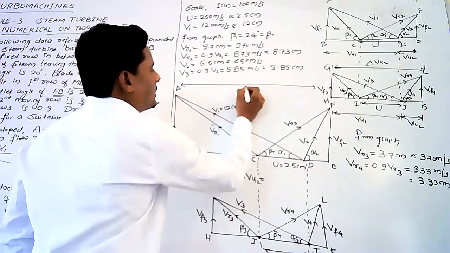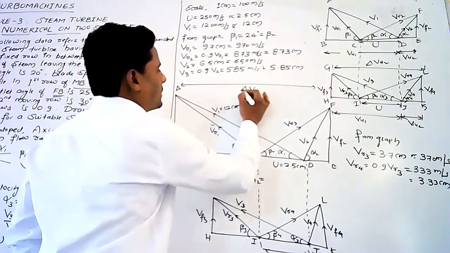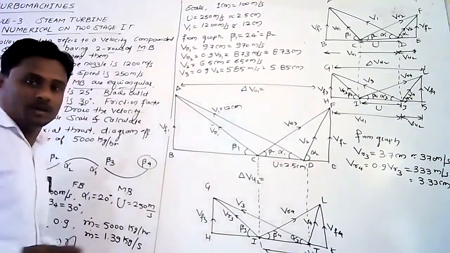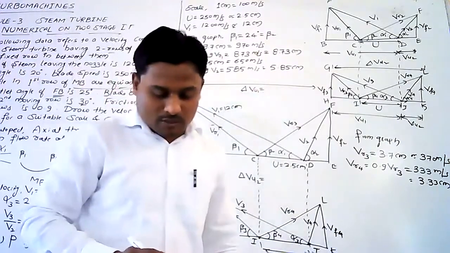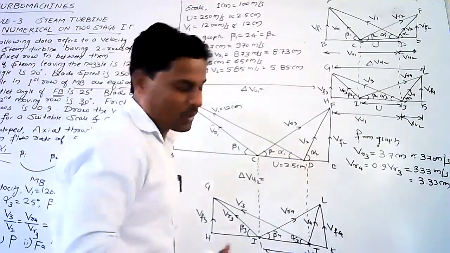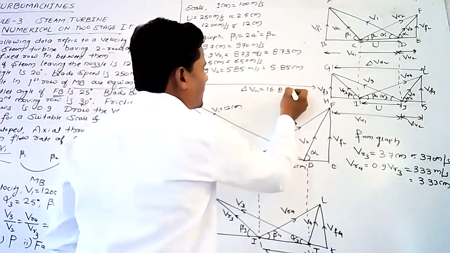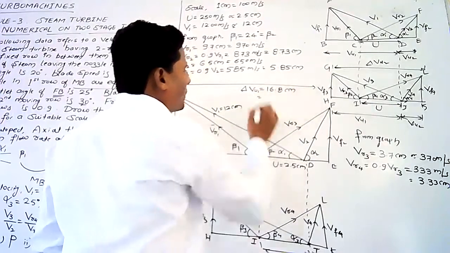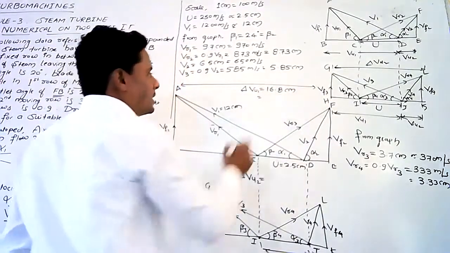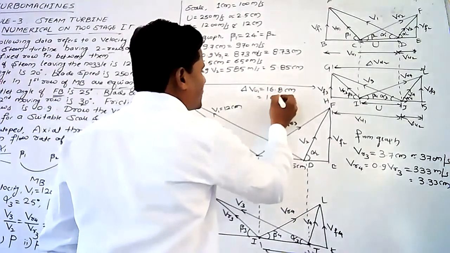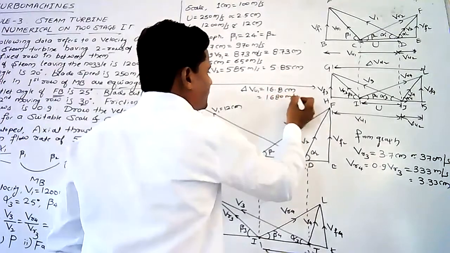The delta VU1 is 16.8 centimeters, or if you multiply with the scale ratio 100, you will get 1680 meters per second.